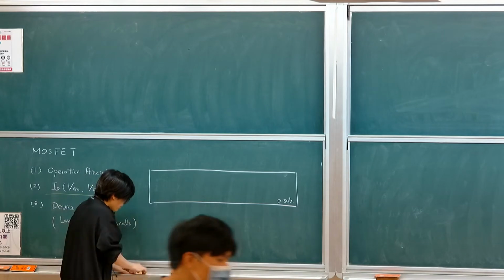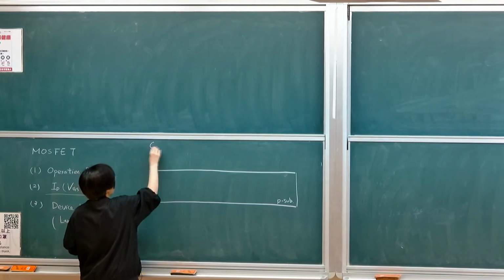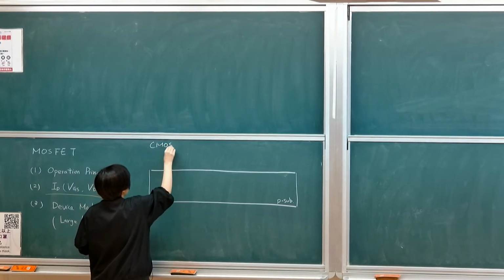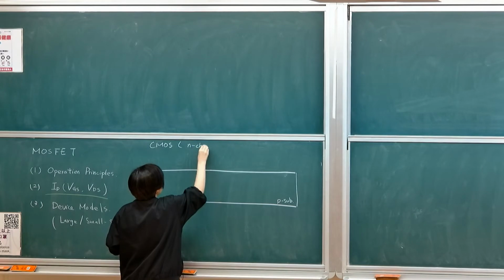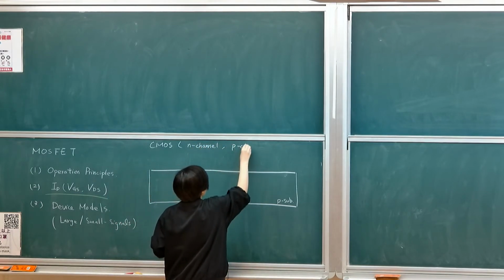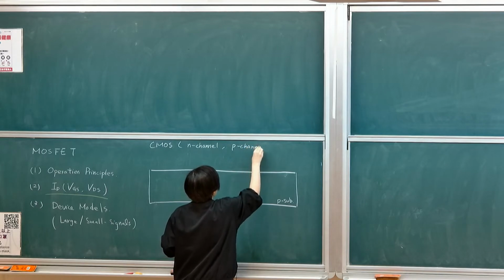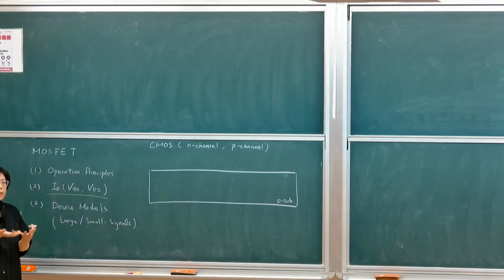So for a CMOS circuit, you basically have two transistors, so we can also highlight N and P. CMOS simply means I have both N channel and P channel devices. So how does one construct both N and P channel devices on a single type of substrate?